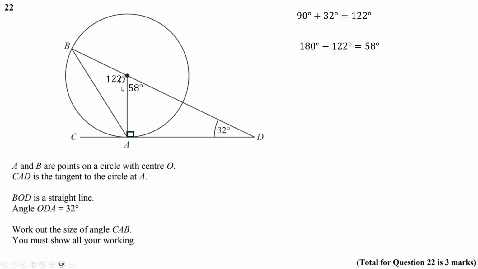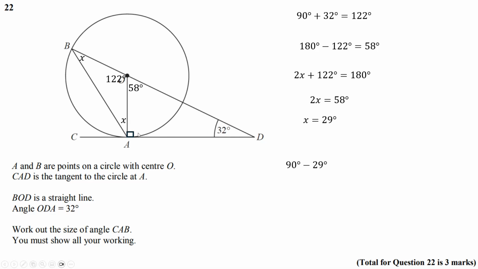And you know that in an isosceles triangle, base angles are equal. That means if we call this angle x, this one is also x. So we know that x plus x plus 122 is 180 degrees, because angles in a triangle sum to 180. So we'll get this, take away 122 to get this, divide by 2 to get x is 29. So this here is 29.